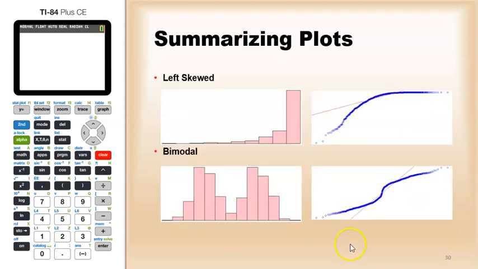Left skewed would be that the probability plots will flatten out. It'll start off fairly vertical, then kind of flatten out as you move to the right. Likewise, that's left skewed, a long left tail. And bimodal will have two peaks. You'll see this little S curve in your graph.